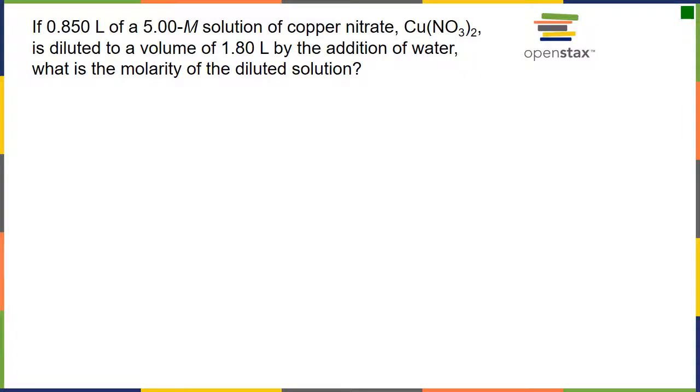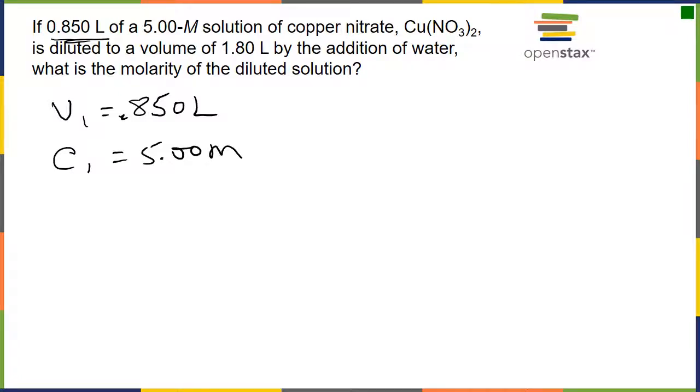So let's do one. We're going to take and label this. We know that we have 0.850 liters. So let's say that V1 is 0.850 liters. Now our concentration is going to be 5.00 molar. Now we link these, and the key on the linking is the word of. If we have something of, this volume of, it means that they are the set that we're starting with, the pair we're beginning with.